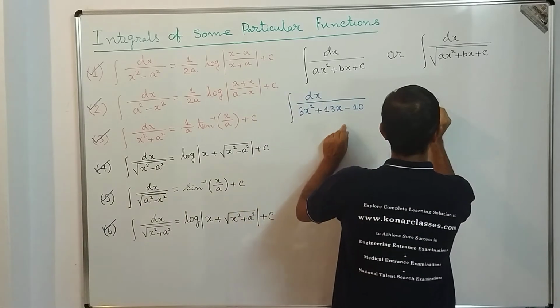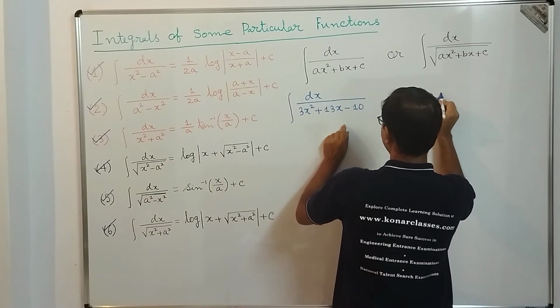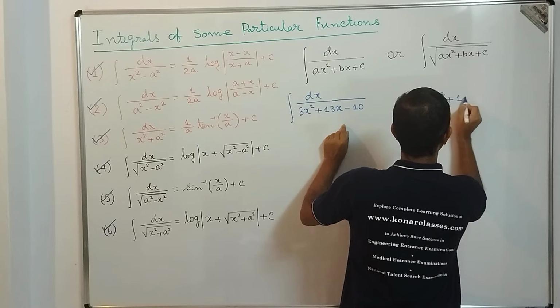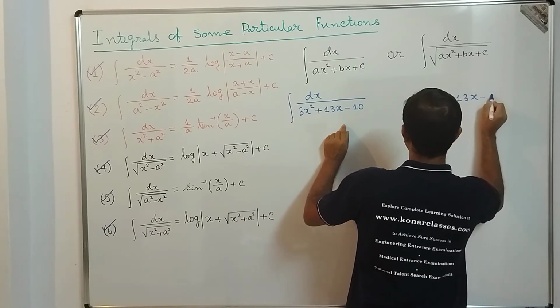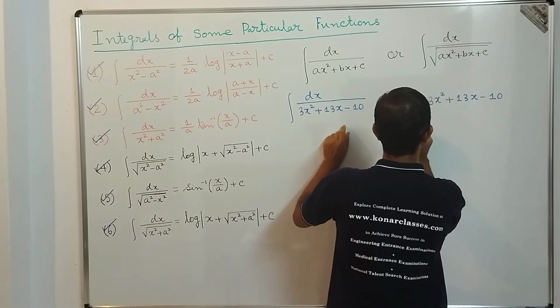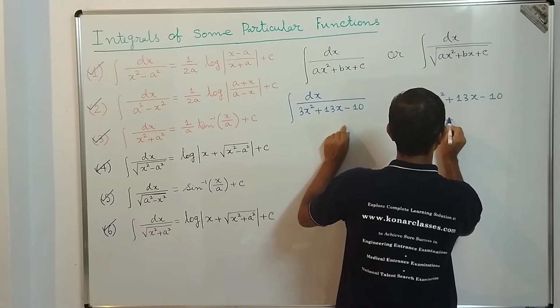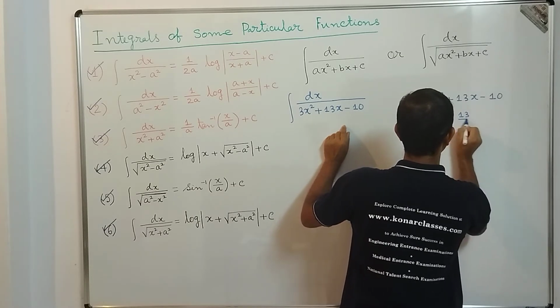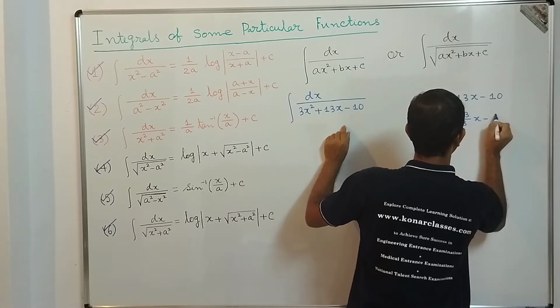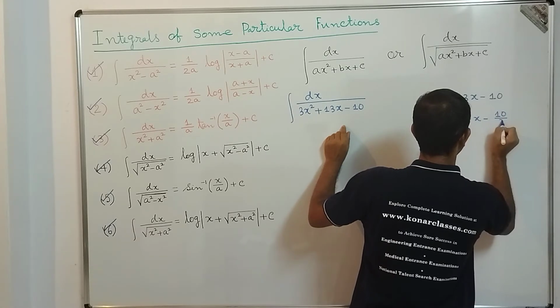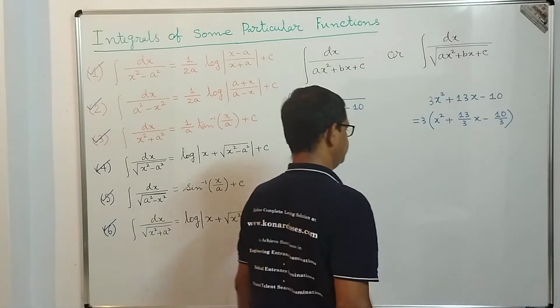So what we should do here, dear students, we get 3x square plus 13x minus 10. We can take 3 common, so that we get x square plus 13 by 3 into x minus 10 by 3. Not a big deal, correct or not?